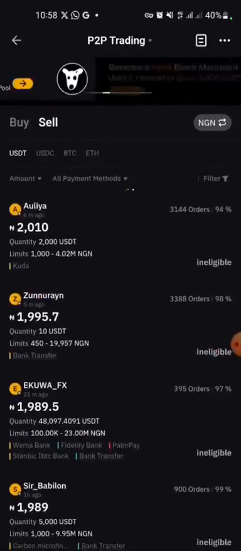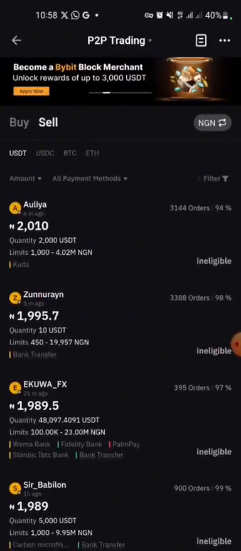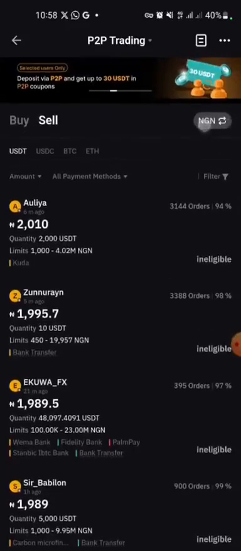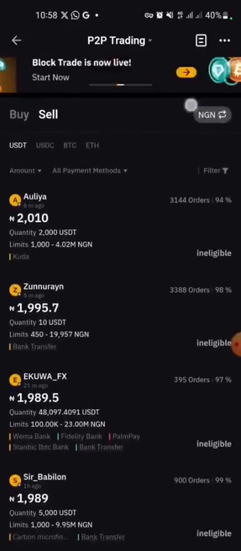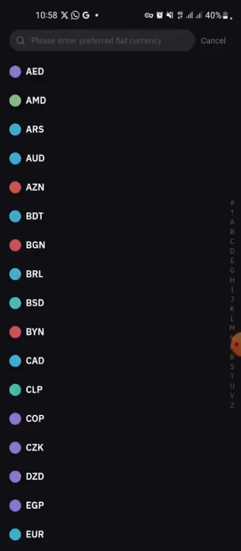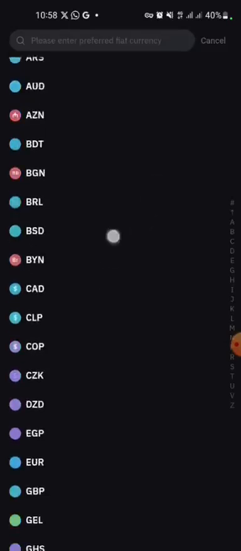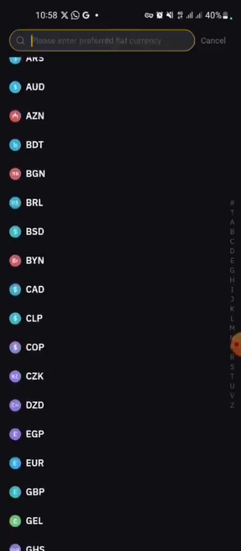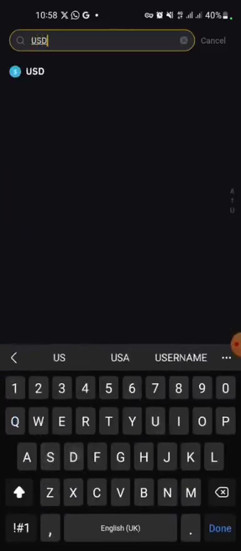Now another thing you have to check is that it must be in Nigerian Naira here, right? I can decide to change this to another country, let's say US dollars, right? So this is for those in the USA.